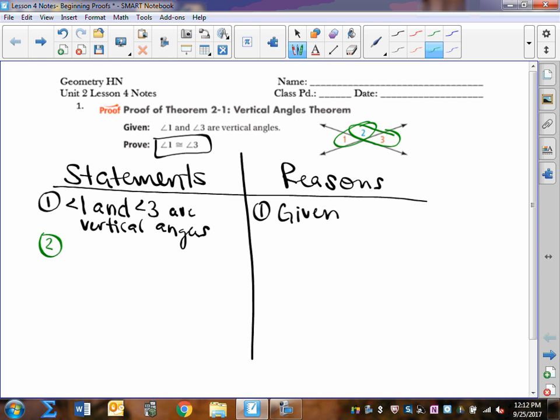So angle 1 and angle 2, make sure you use the notation angle 1, angle 2, are linear pairs. And since we're going to state the same thing with 2 and 3, same reason, let's just go and list it. Angle 2 and angle 3 are linear pairs.